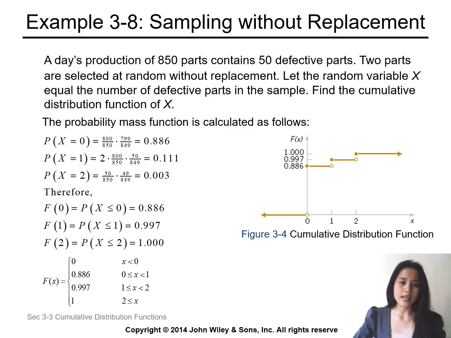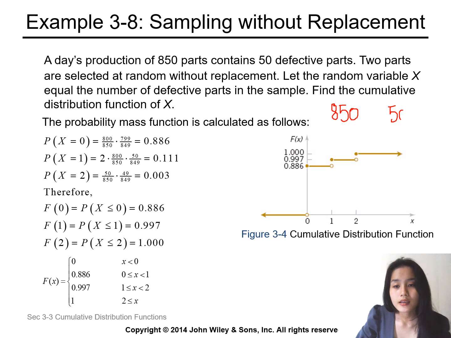For our second example, a day's production of 850 parts contains 50 defective parts. Two parts are selected at random without replacement. Let the random variable X equal the number of defective parts in a sample. Find the cumulative distribution function of X. So if there are 850 parts and 50 of them are defective, that means 800 are okay or good.